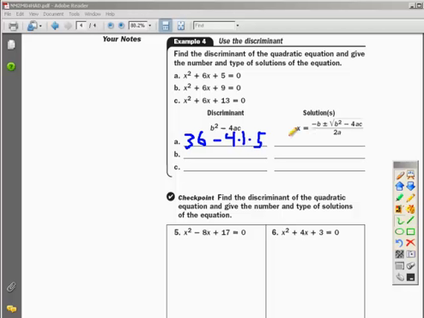You're going to have 2 solutions. On the next one, you have 36, again, b squared, 36, minus 4 times a times c. Well, that's 36 minus 36. You're going to have 1 solution. And on the last one, you have 36 minus 4 times 1 times 13.